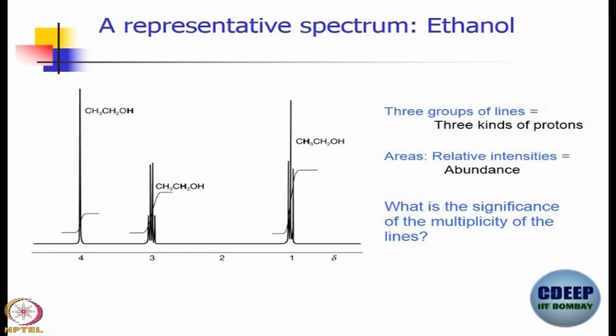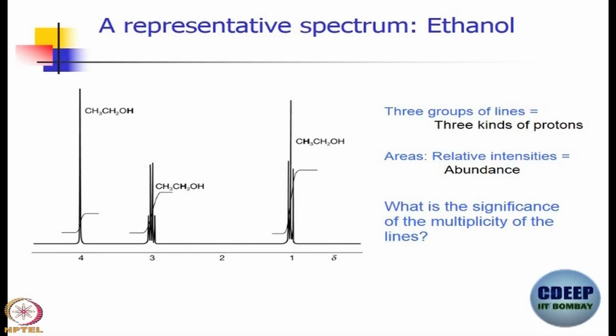Here, for ethanol, you expect three different Larmor frequencies, and due to those three different Larmor frequencies you are going to have three different chemical shift values. The area under the curve will give you the integration number, right?